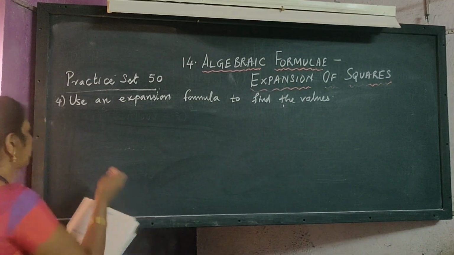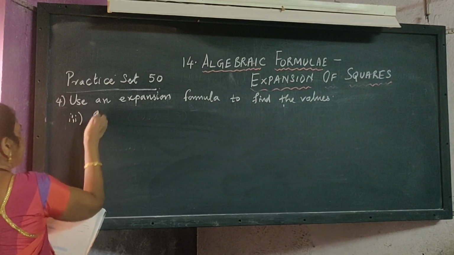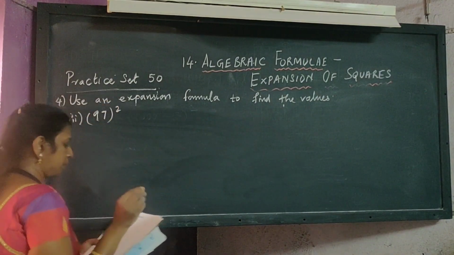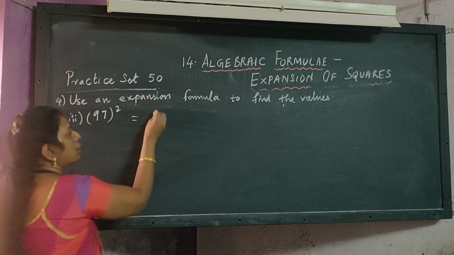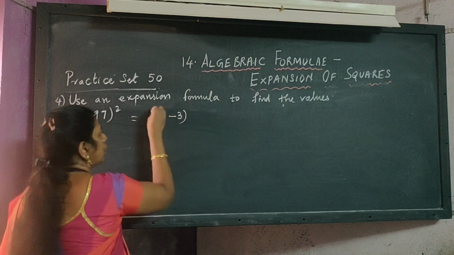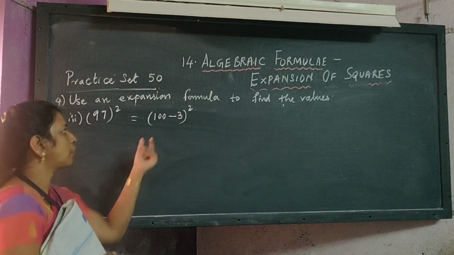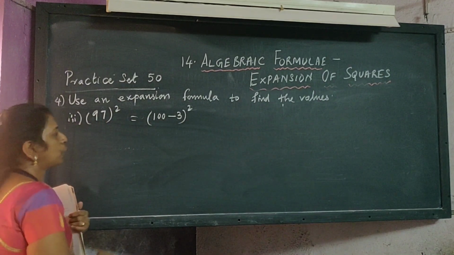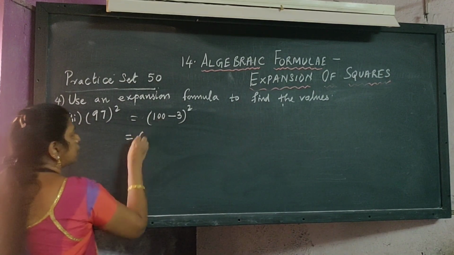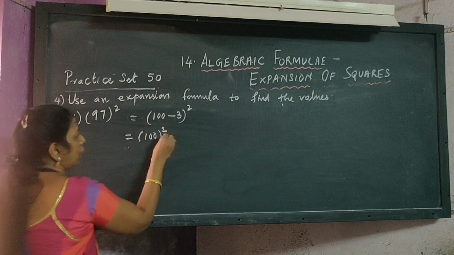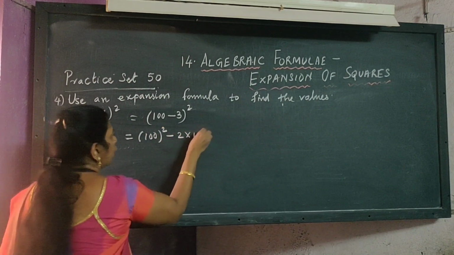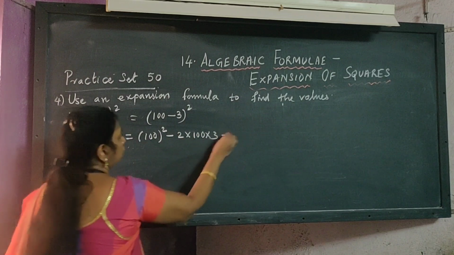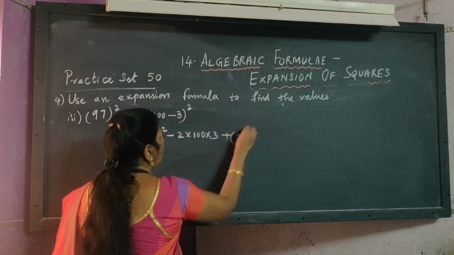Third sum, 97 the whole square. Now how can we write 97? 100 minus 3 the whole square. Now this is in the form of a minus b the whole square. So we will get a square minus 2ab plus b square. So first term square, that is 100 square, minus 2 into first term into last term, plus last term, that is 3, the whole square.